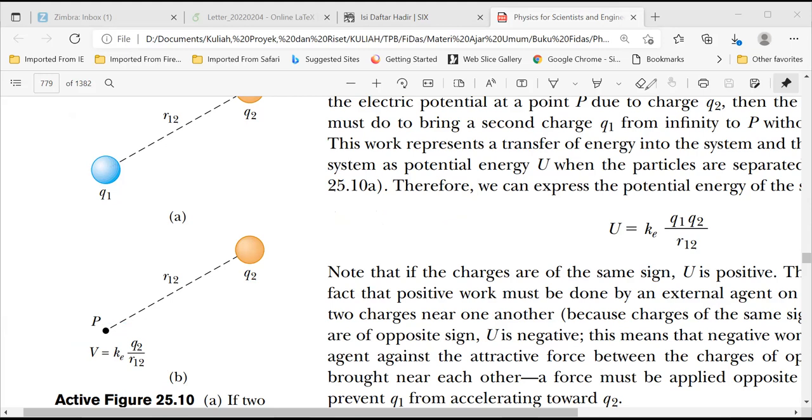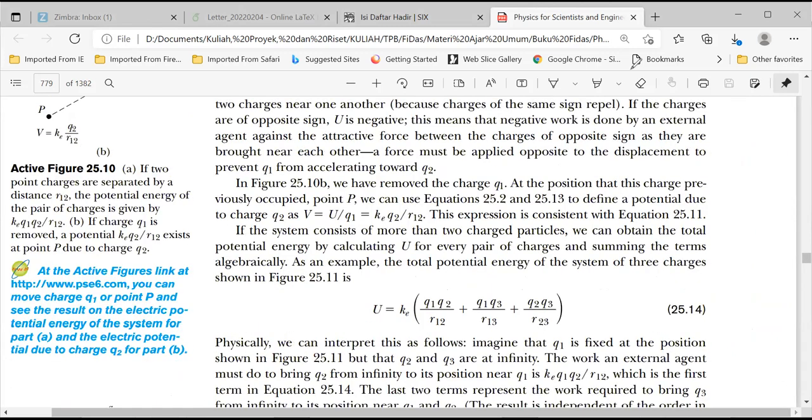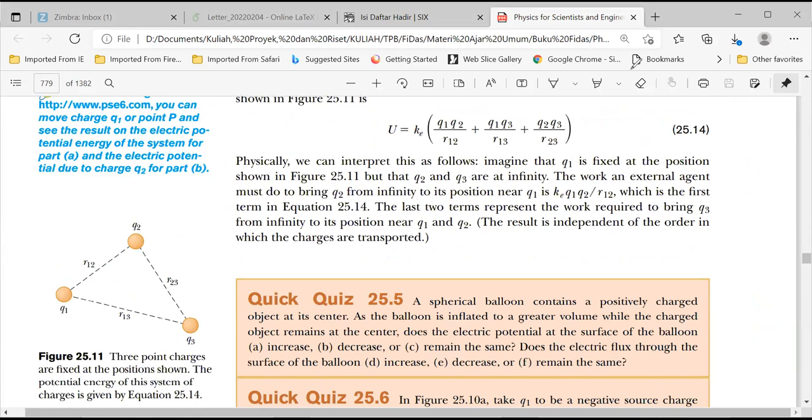It depends on which one you choose as your test charge. For example, we have three charges, as in figure 25.10. You have to choose your test charge.